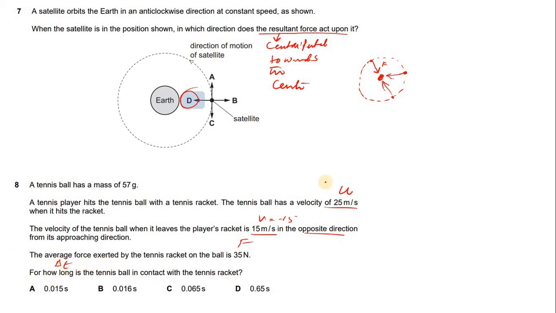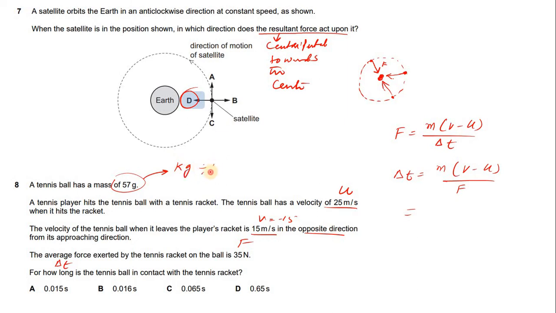So this is all about momentum, change in momentum, or impulse. We have a formula, F is equal to m(v minus u) divided by delta T. You need to find for how long, that means delta T. So delta T would be equal to m(v minus u) divided by force. In this case, the mass is 57 gram, so this mass must be in kilogram, dividing by 1000.